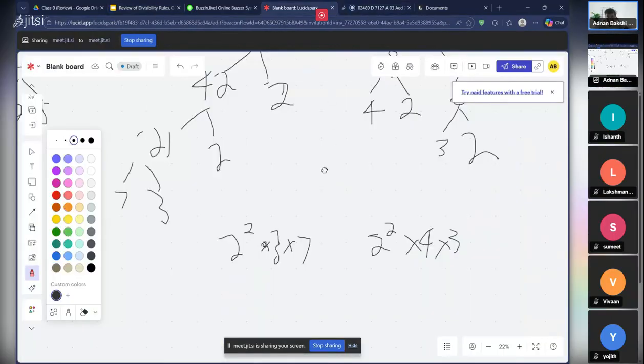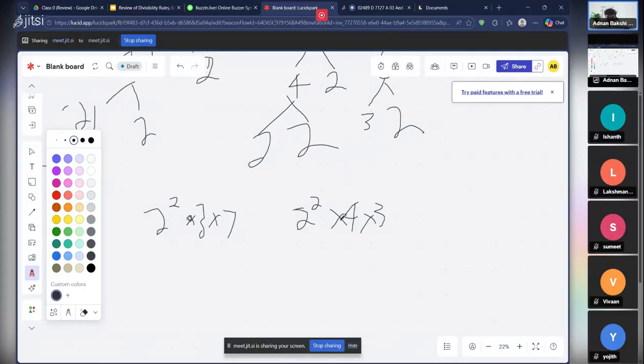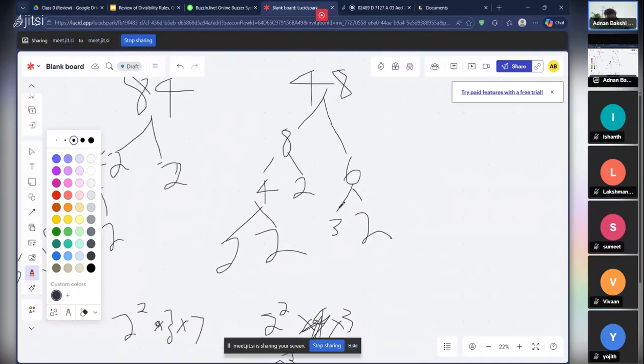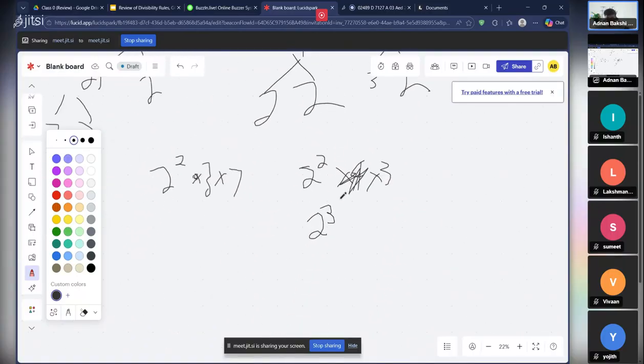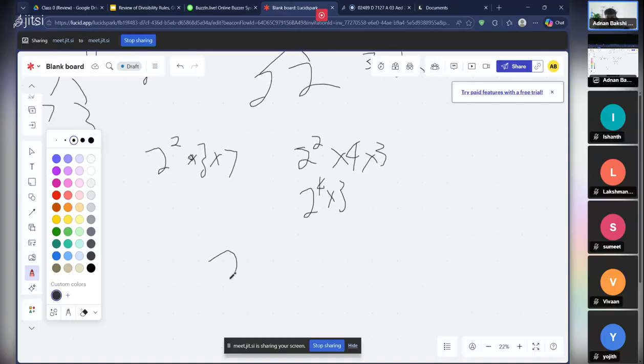Oh, whoops, this would actually be 2 and 2, so get rid of the 4. That's 2 to the 4th times 3. So we just take the highest powers of each prime number: 2 to the 4th times 3 times 7.